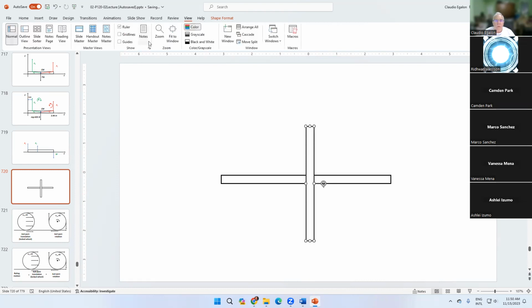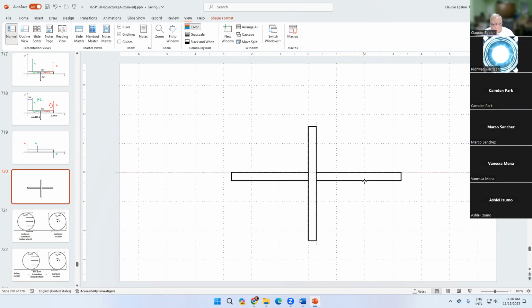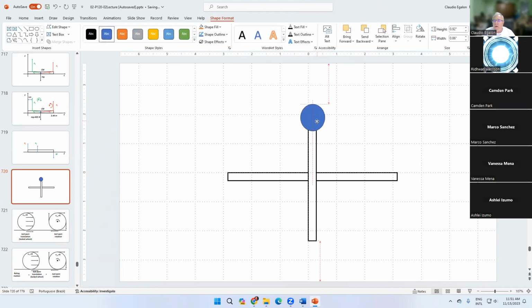Guys, grid line. Okay, this one seems fine, right? Yeah. And this one, yeah, good. Let's centralize them. And we have those point masses here at the edge.